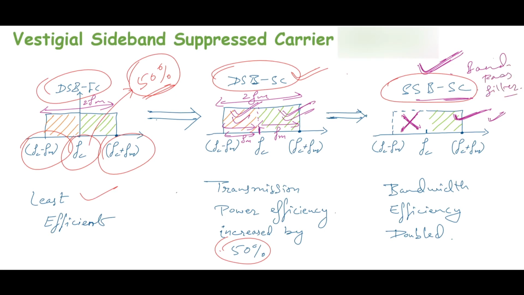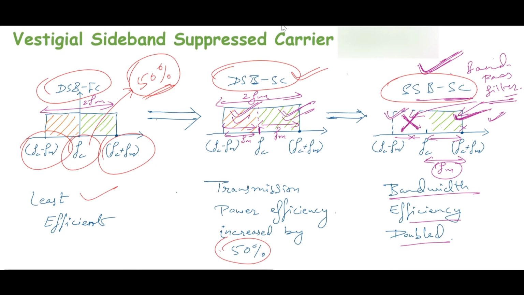Alright, and we know that this filter can be tuned either to the upper side frequency or to the lower side frequency. If it is tuned to the lower side frequency, then this sideband will get transmitted and the upper one will get attenuated. And from here we can conclude that the bandwidth reduces to fm only, as we are transmitting this distance only, this information only, right? And this part is being attenuated. So this way we achieved bandwidth efficiency.